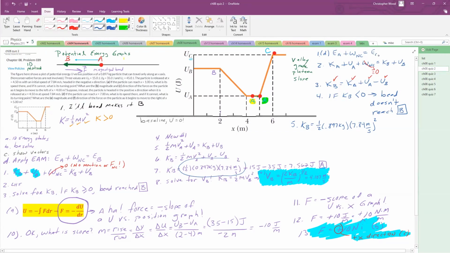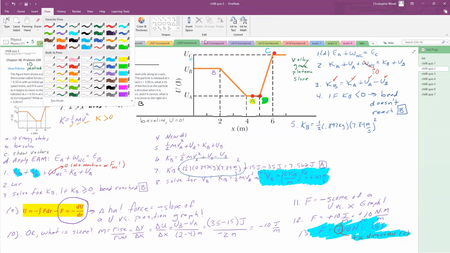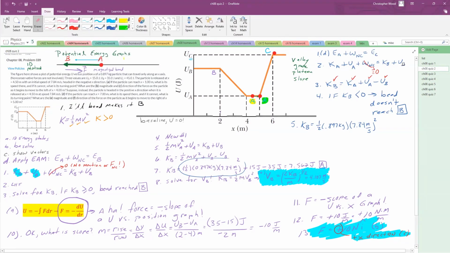This should be C. This should be C. And this should be C. And then this should be C. If K sub C is less than 0.